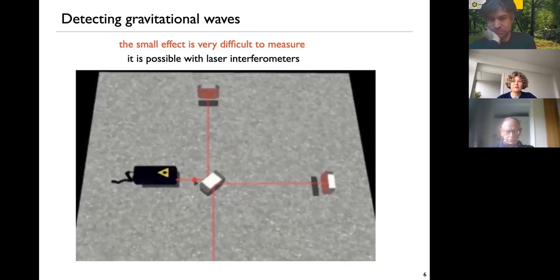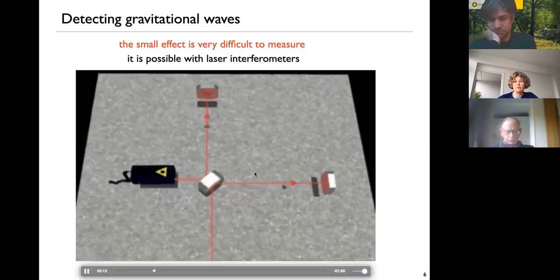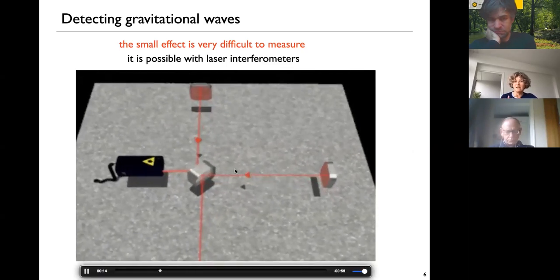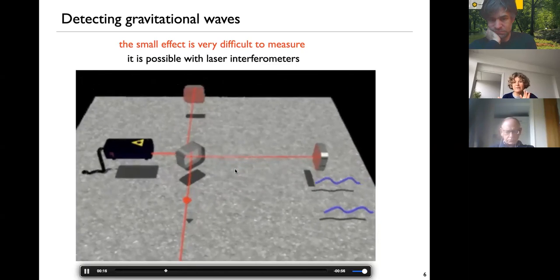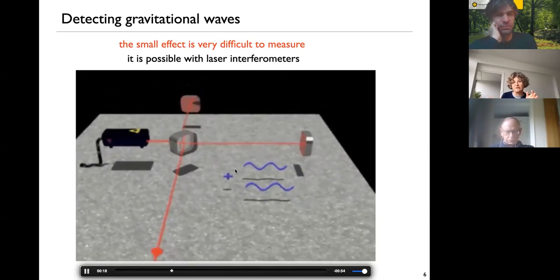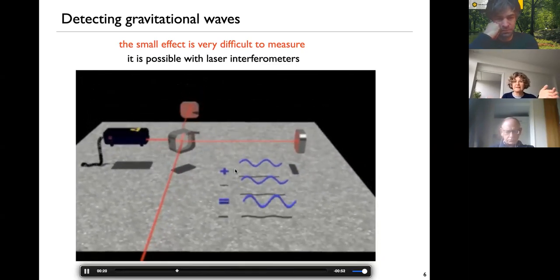A laser source shines a laser beam onto a special crystal, which divides the beam into two beams that go along orthogonal directions, get reflected back by mirrors, and then the two beams recombine. But depending on the relative length in the arms, they combine either destructively or constructively.